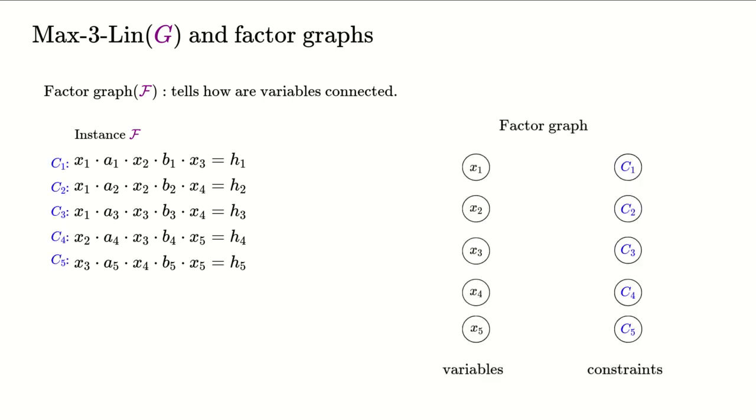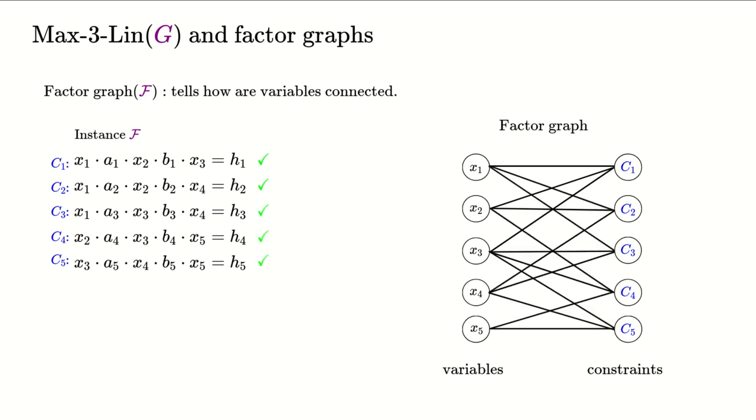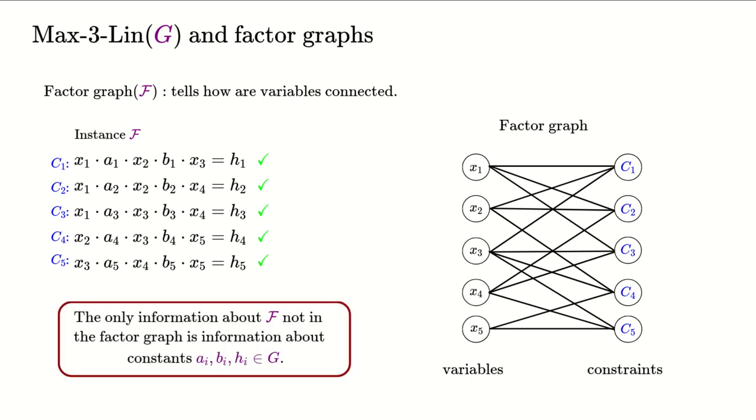So, in particular, a factor graph is a bipartite graph with vertices being variables and constraints. We connect each constraint with variables appearing in that constraint. For example, C1 is connected to x1, x2, and x3, and we can similarly fill in the rest. The only information about f not contained in a factor graph is information about constants ai, bi, and hi.